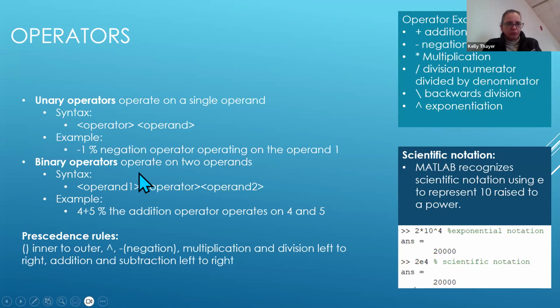A binary operator will operate on 2 things. So you have an operand, an operator, and another operand. For example, 4 plus 5 has 2 operands. The plus is the operator, which works on 4 and 5 to combine them together. The precedence rules will follow the familiar ones that you know from algebra.